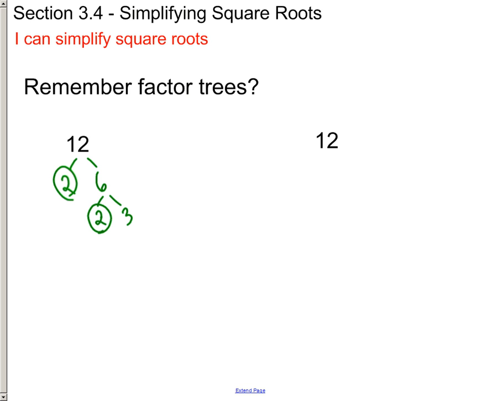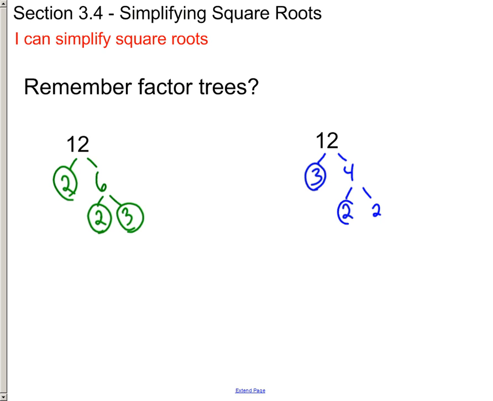I would encourage you to go ahead and circle the prime numbers, so that way you'd know, hey, I can't break those numbers down any further. And also, just to show you this, you don't have to use the exact same factors, because we could use 3 and 4. 3 is a prime number. I can't break that down further, but here's 4, and I can break that down into 2 times 2.